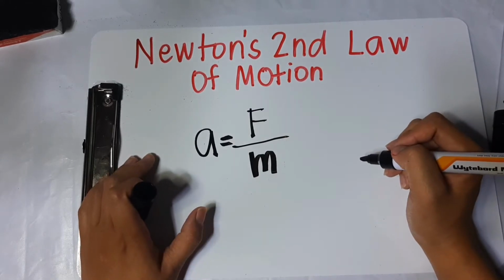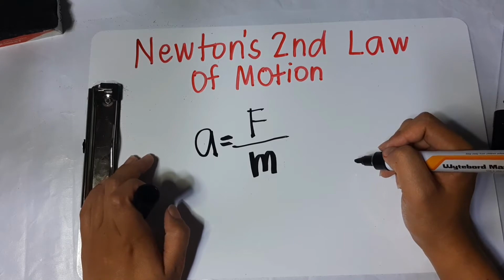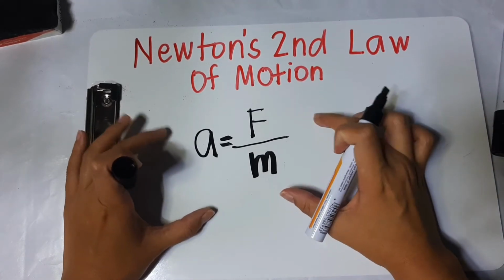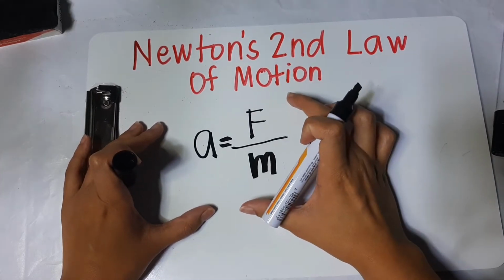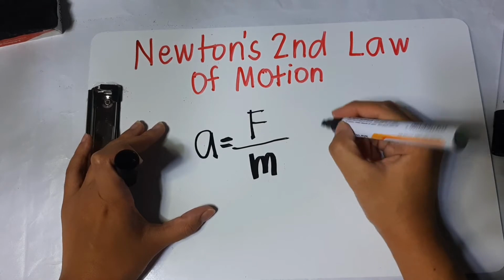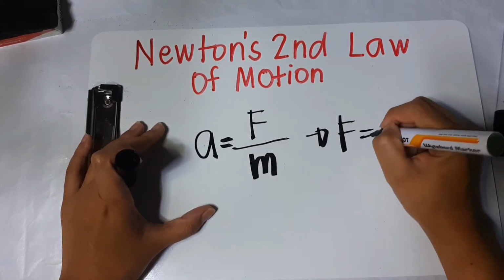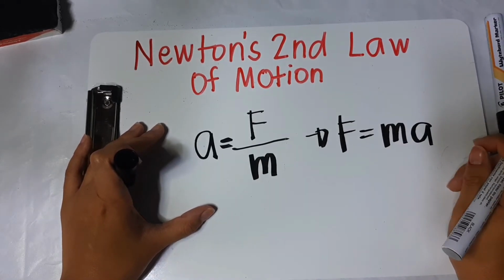The direction of the acceleration is in the direction of the net force acting on the object. So, this is our formula for the second law of motion. Or, we can derive this formula to have force is equal now to mass times acceleration.